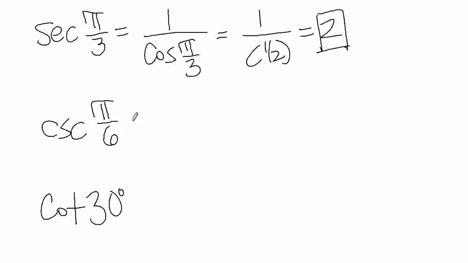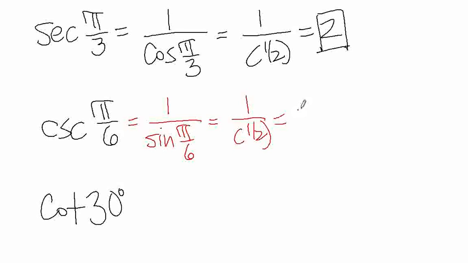Okay, I'll go ahead and work them out also. So for the cosecant of pi over 6, I might start by realizing that that's equivalent to the reciprocal of the sine of pi over 6, which is equal to the reciprocal of 1/2, which is equal to 2.